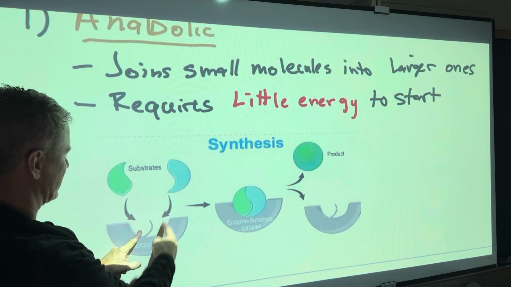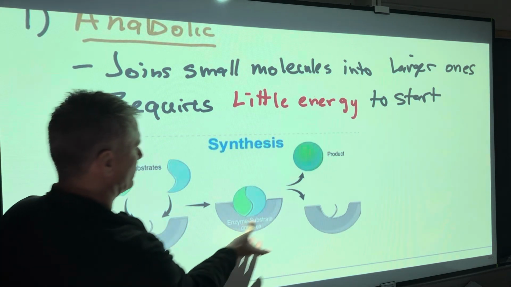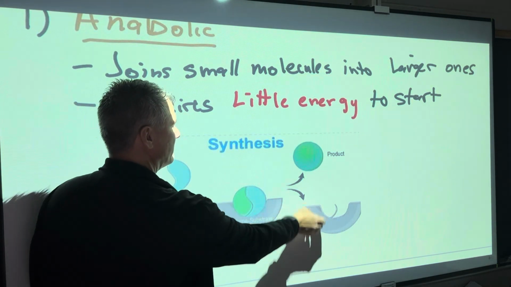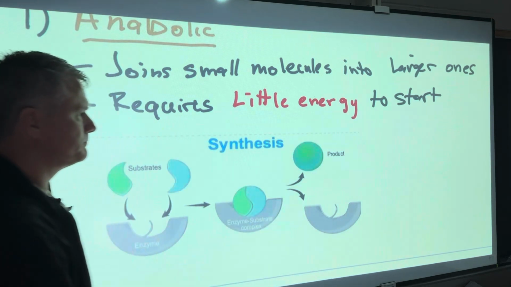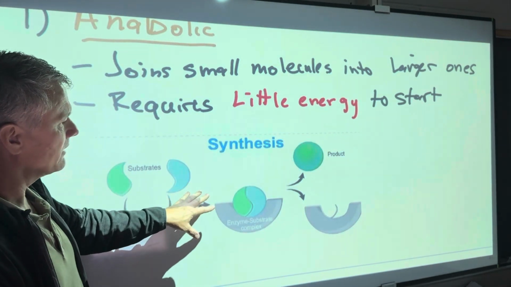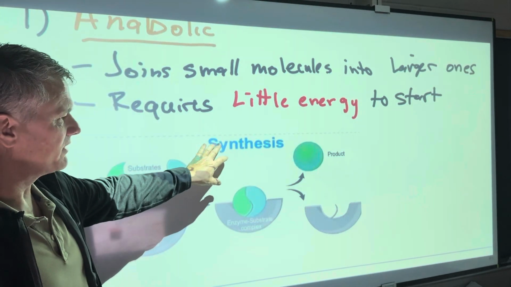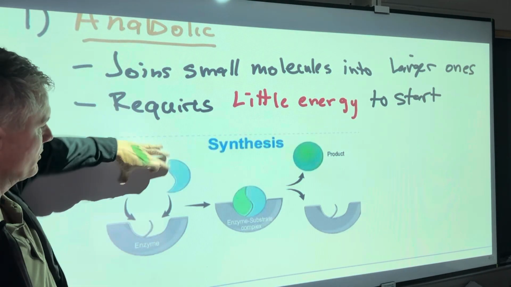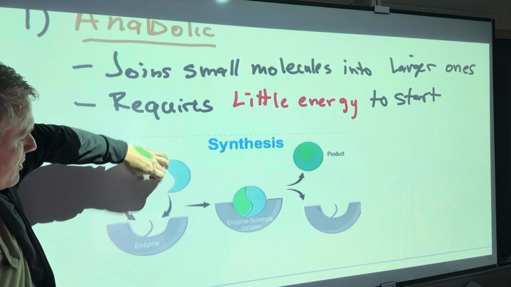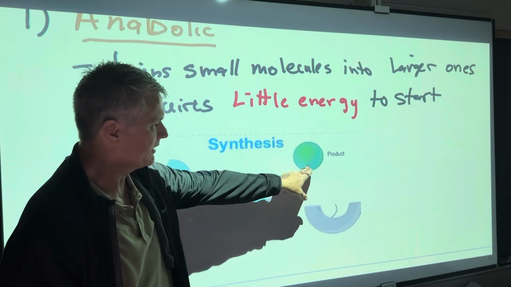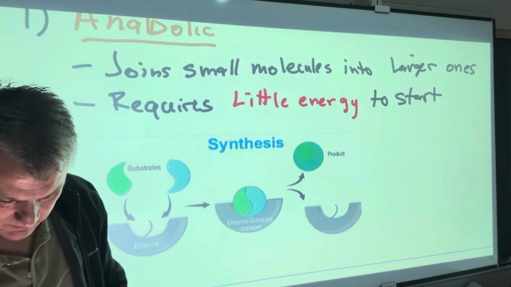They've got to fit exactly in that active site. When they do, you get that induced fit, and then your product is built. Okay, and a synthesis, I'm just going to leave it right there just so you know. So anabolic, you can see that it's actually taking two smaller substrates and creating one bigger product.